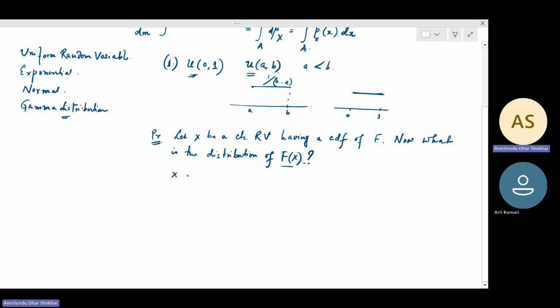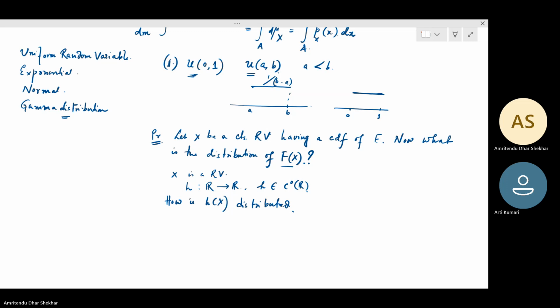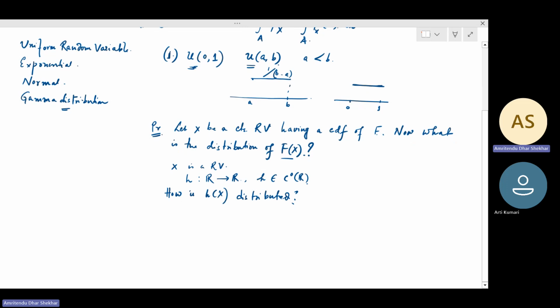So if x is a random variable and you have some function h from R to R, assume h is continuous, and if I ask you how is h of x distributed, then what you do is you look at the probability.